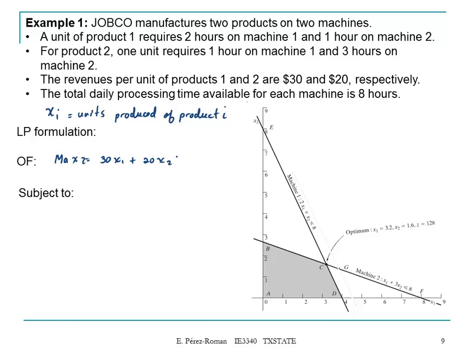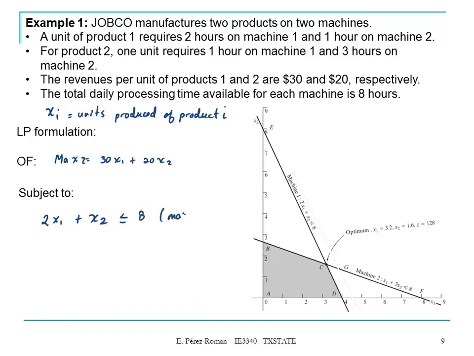And this has two constraints, one for each type of product. A unit of product 1 requires 2 hours on machine 1 and 1 hour on machine 2. And product 2 requires 1 hour on machine 1 and 3 hours on machine 2. So we can have a constraint for each machine. For machine 1, we have 2 hours for the first product and 1 hour for the second product, and we have a capacity limitation of 8 hours.